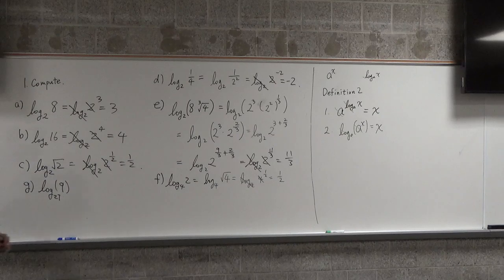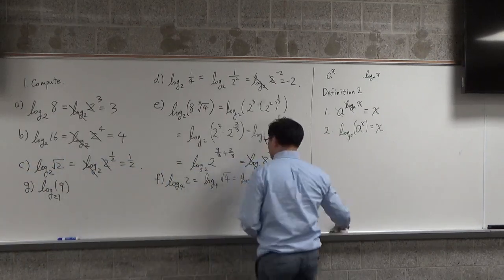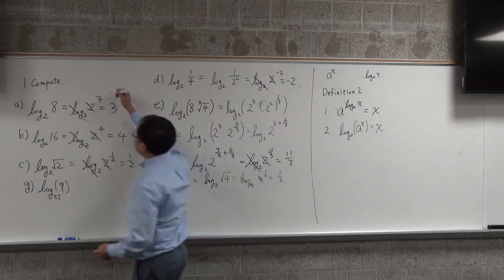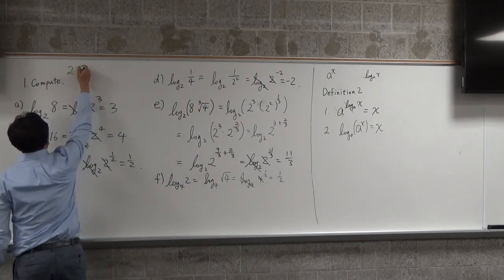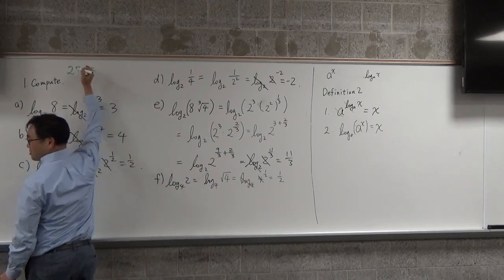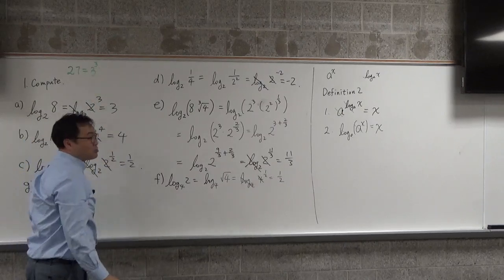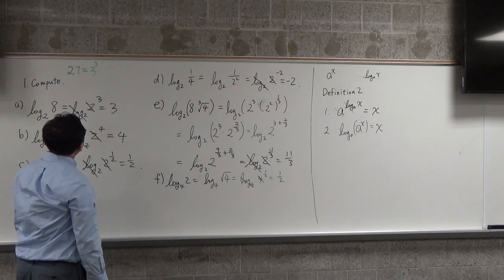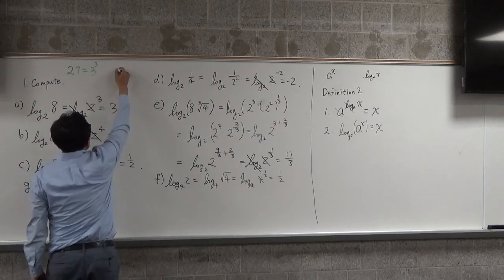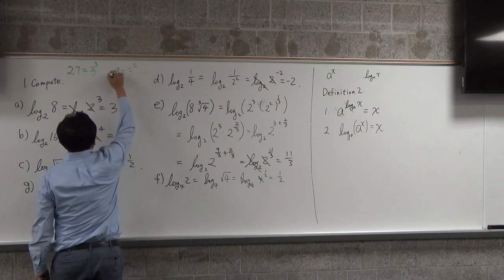So one thing that you should know is that 27 is 3 to what power? 3 to the 3rd. 3 times 3 times 3 gives you 27, right? And 9 is 3 squared, right?